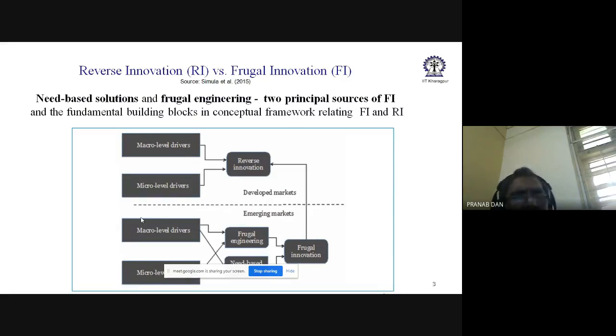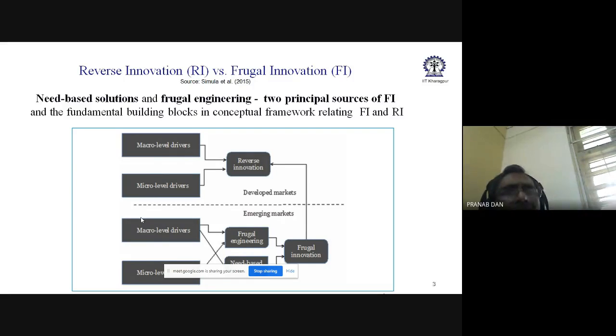The point again that I would like to touch is that there are so many companies in the world today working based on frugal engineering and frugal innovation ideas and concepts.